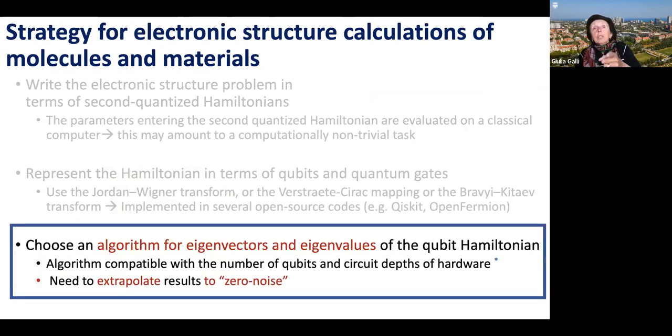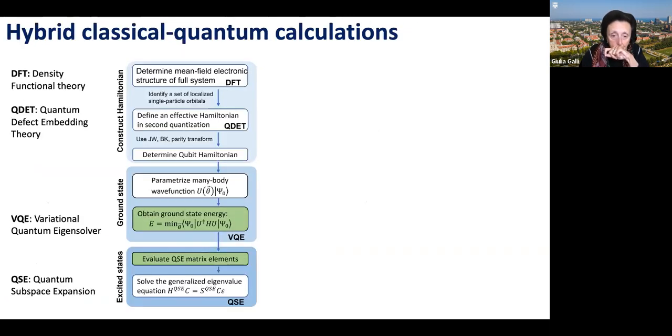Okay, so now I will tell you what we do to solve our problem for this Hamiltonian. This is a kind of complicated slide, but I want to show it to give you an idea of what it takes to really get numbers that make sense for a realistic system on a quantum computer.